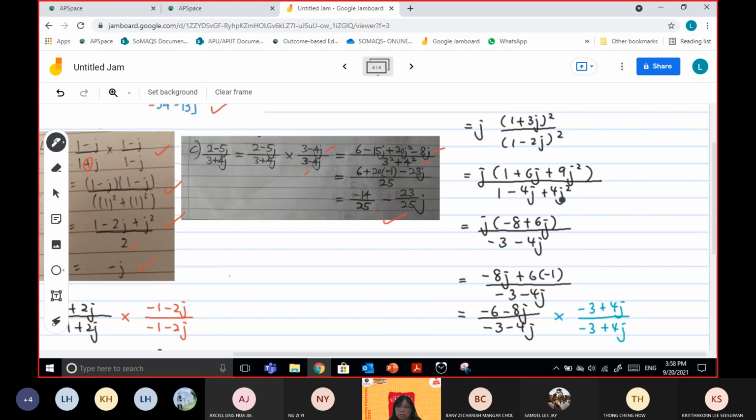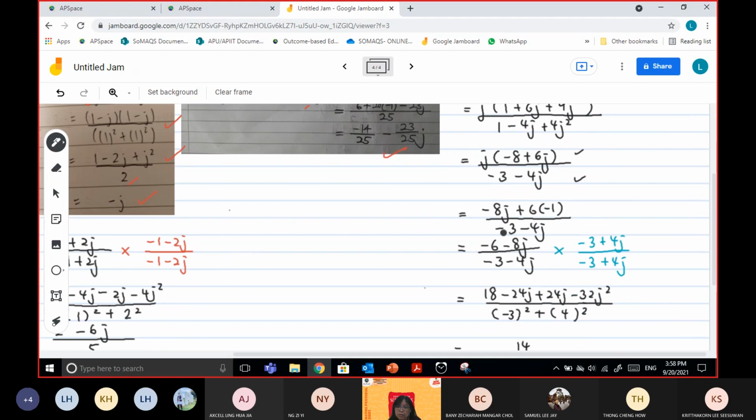So 1 minus 4j plus 4j squared, so minus 4 minus 3 minus 4j, correct? Then bring in the j. How come something's wrong here? Oh, okay, wait. So at the top, minus 8j minus 1. Okay, minus 6 minus 8j. So the bottom minus 3 minus 4j minus 3 plus 4.